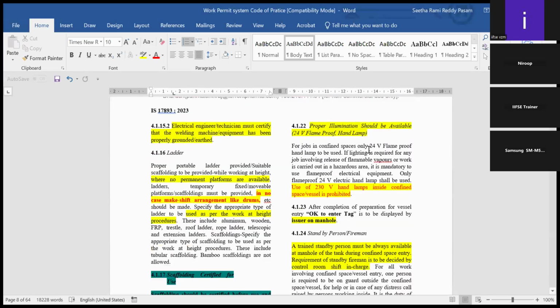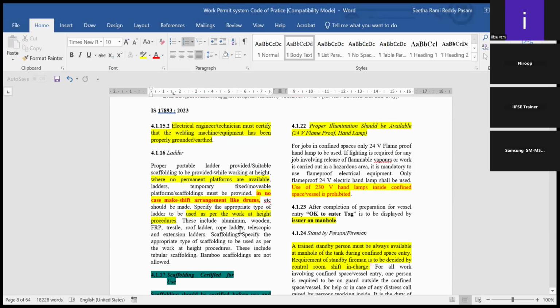Okay. Then we have ladders. Where no permanent platforms are available, we should definitely use ladders instead of using equipment. Temporary or flexible movable platforms or scaffolding must be provided. In no case should makeshift arrangements like drums, etc., be used. Specify the appropriate type of ladder to be used as per the work at height procedure.